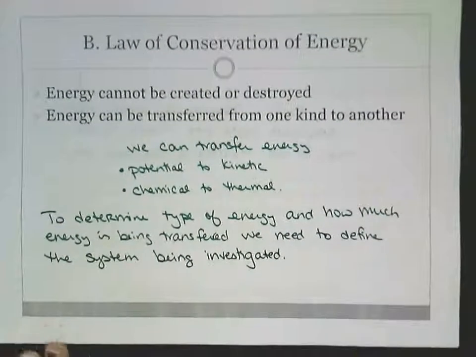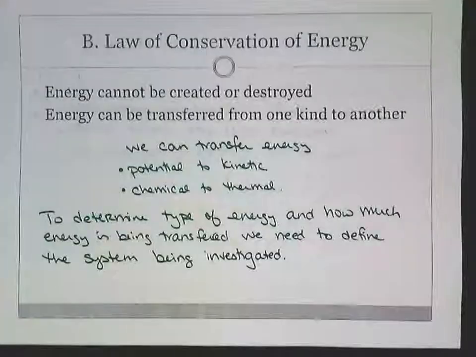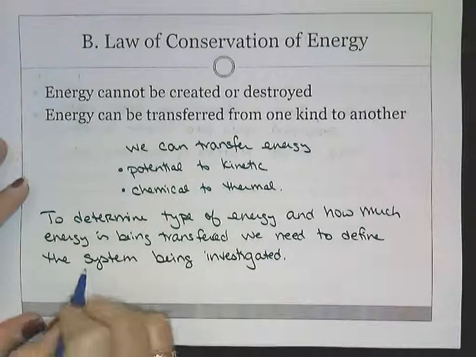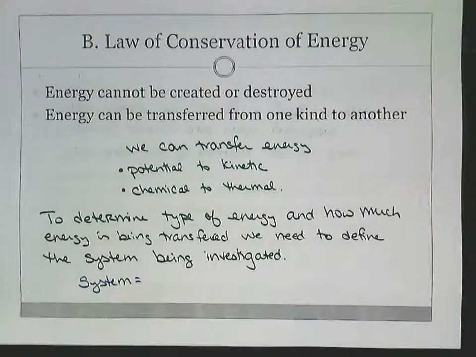Right, so the only way we know if it has potential energy is we can say, oh, I'm specifically looking at the ball I'm holding above my head. That is what I'm looking at. I'm going to watch that ball fall. So that's the type of energy. So to determine the type of energy and how much energy is going to be transferred, we have to come up with some definitions, some parameters for this energy. So there's two big things we need to define. We need to define, what am I saying when I'm saying system? What do I mean?